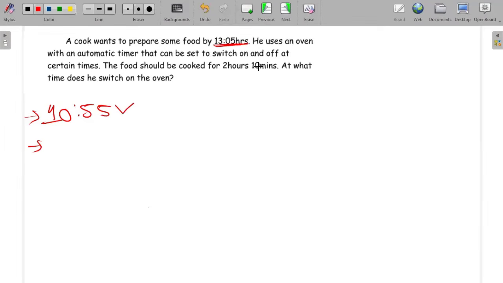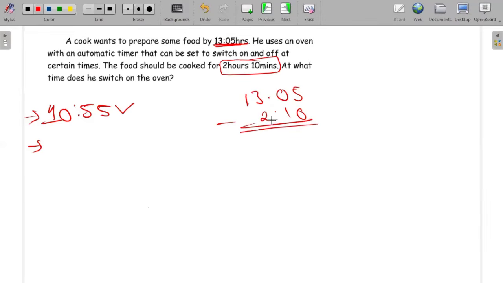Why? It's because we're only going to subtract these 2 hours, 10 minutes from the 13:05 that they've given us, such that by this time, the food should be ready. So we're going to say 13:05 minus 210 minutes. I don't know how you can do it using basic mathematics for grade 12.